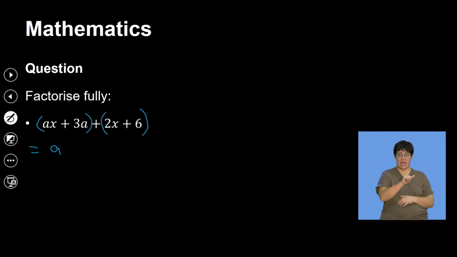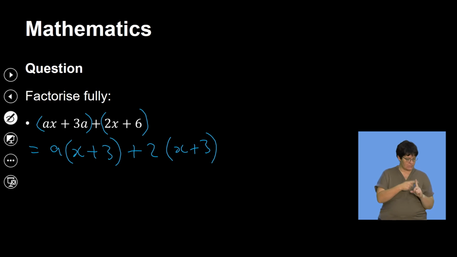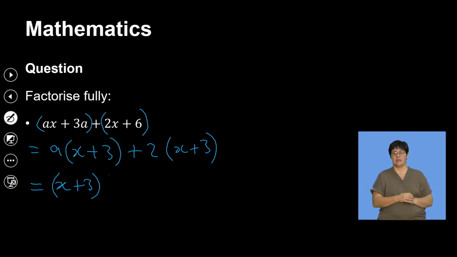So this is a into x plus 3, and then plus the common factor is 2 here, which is x plus 3, and then you can see x plus 3, x plus 3. So this becomes x plus 3 into a plus 2, and that will then be my final answer there.